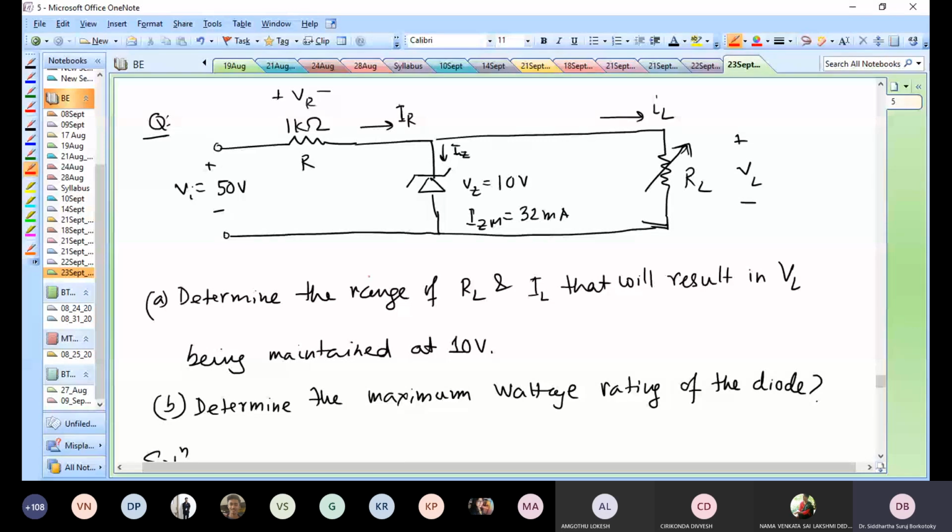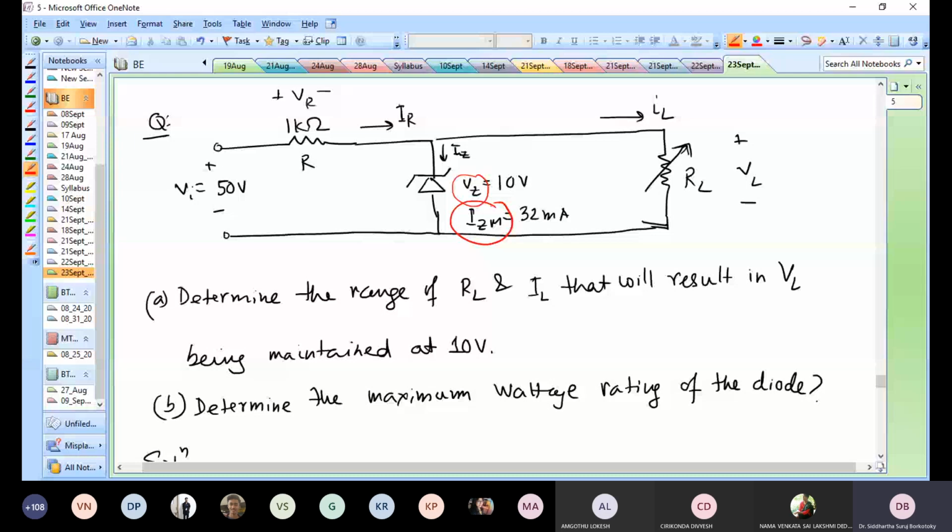And the second question is to determine the maximum wattage rating of the diode. First of all, let's deal with question B first. What is the maximum wattage rating? It's a fancy way of saying what is the maximum amount of power the diode can handle. That maximum amount of power is the diode voltage times the maximum current.